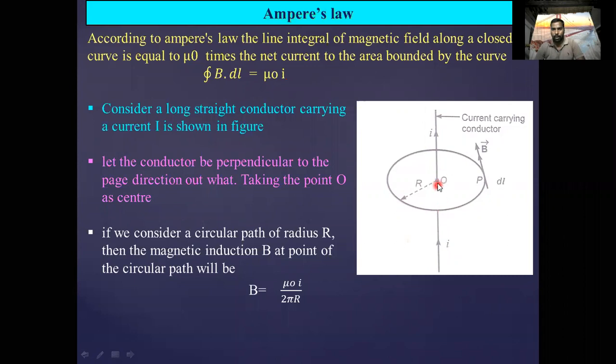Taking the point O at the center, the radius of the magnetic lines is R. If we consider a circular path of radius R, then the magnetic induction B at a point on the circle will be the same, B is equal to mu naught I by 2 pi R. On the circle, the magnetic field is the same everywhere. Here we have to observe two conditions.